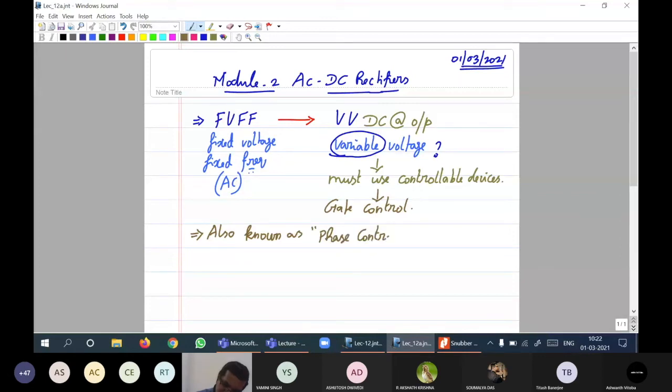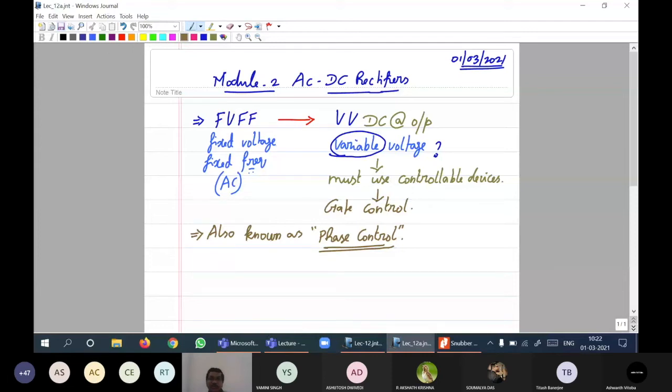The reason for naming this phase control is the instant at which AC is supplied to the rest of the circuitry or to the load, or in other words, the instant at which the load sees the source. Sees meaning receives power from the source directly through the switch. That instant is going to be controlled. Therefore, you call it phase control.